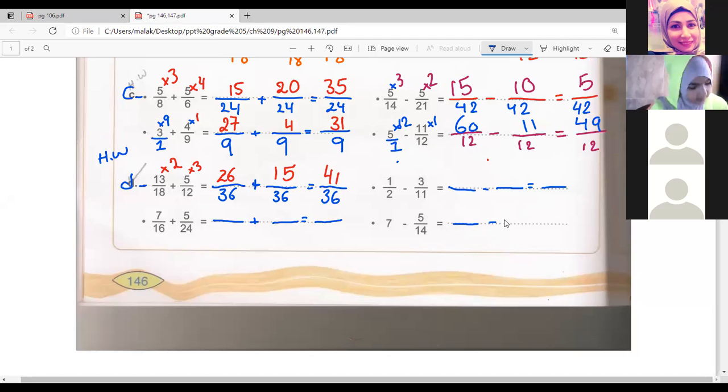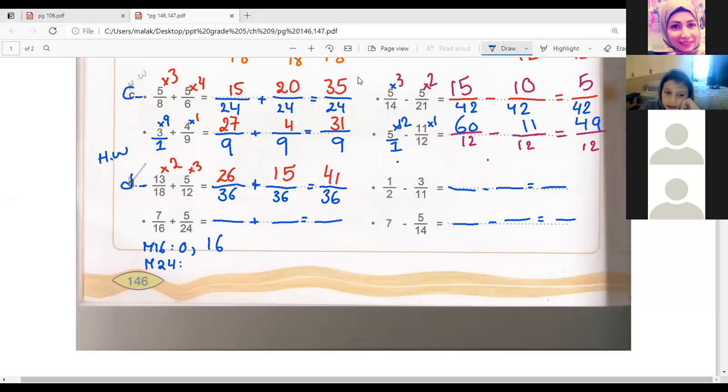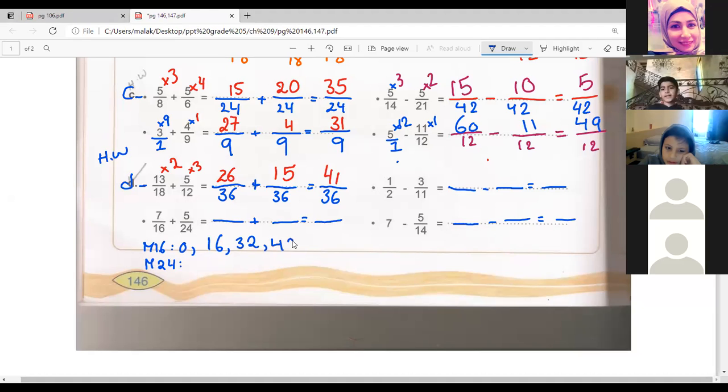Tell me table 16, Hassan, and table 24. 16, 32, 48. Table 24: 48 is the common multiple.